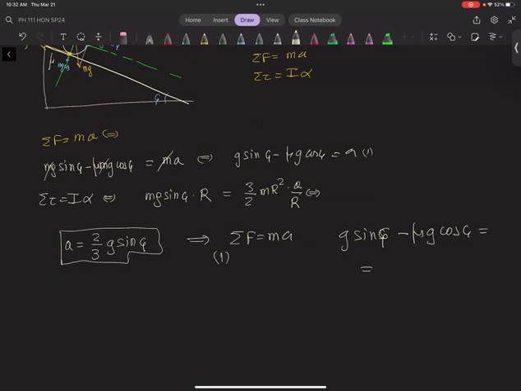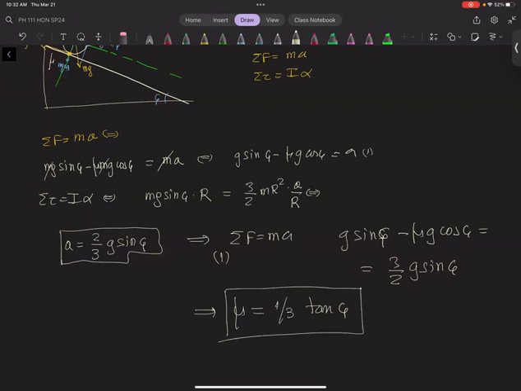I'm making a substitution with 2/3 g sine phi, and you come up with mu equals 1/3 of the tangent. And you go like, are you kidding me, man?